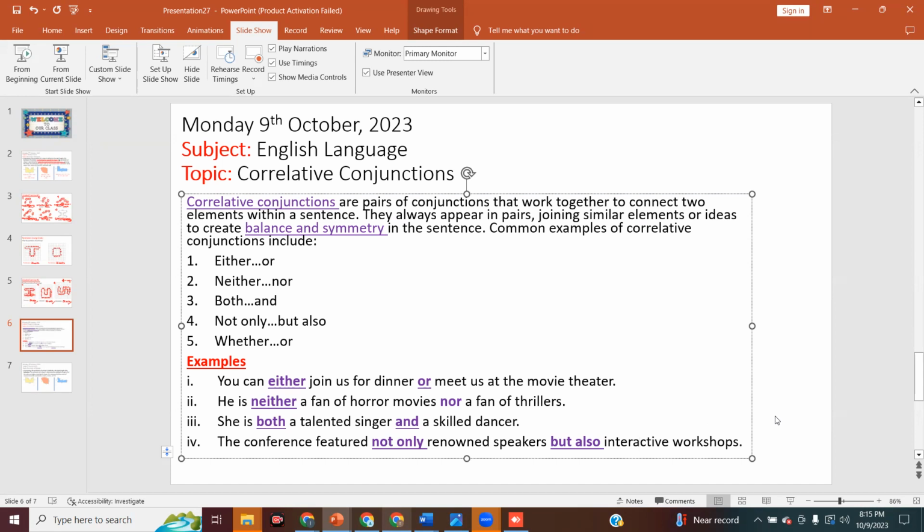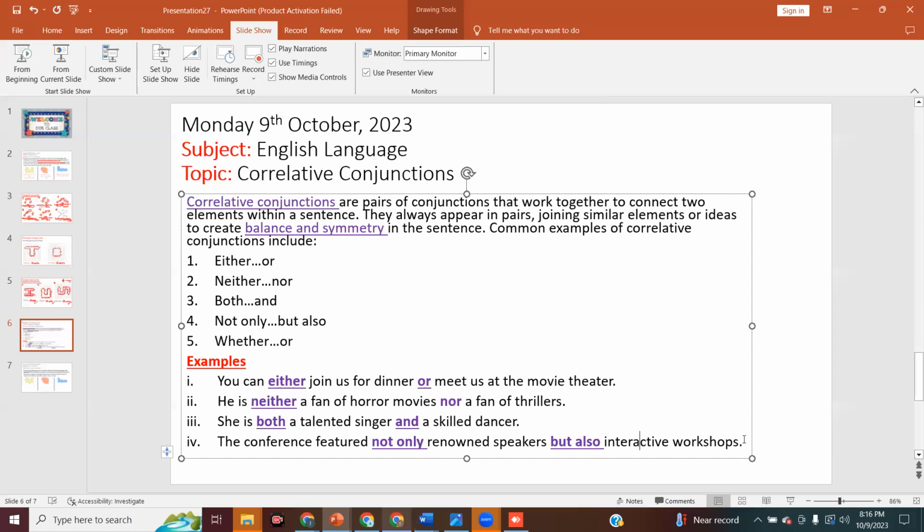Yes, this conference has good speakers who people know about, but it also has interactive workshops. So when you are trying to give additional information in your writing, you can give the first information, and then you can also give the other information.